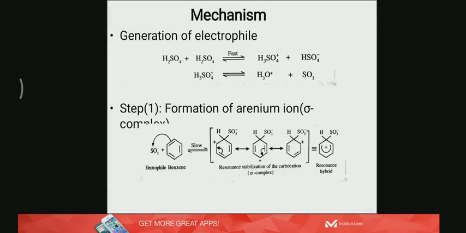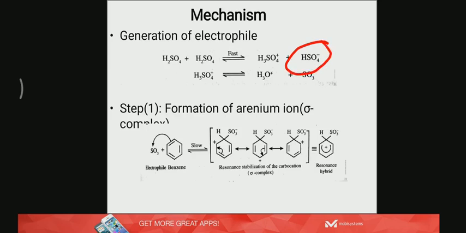What happens here? Two molecules of H2SO4 undergo autoionization, producing first H3SO4+ and HSO4-. How? One molecule of H2SO4 is donating H+ to the other molecule, so that one becomes H3SO4+, and HSO4-, we know, will act as the Lewis base in the second step of the mechanism.